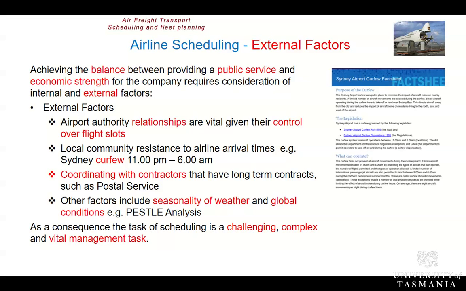Ultimately, this task of scheduling is pretty complex. As I said, sophisticated software is available, but a vital management task that needs to be interrelated with a range of other management functions of the airline themselves.